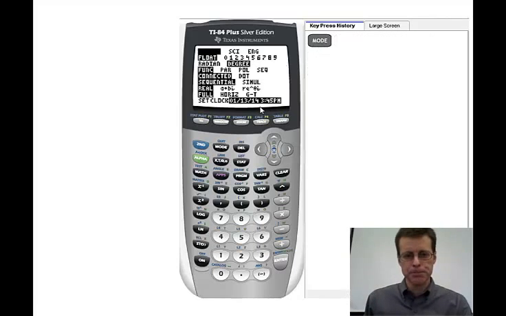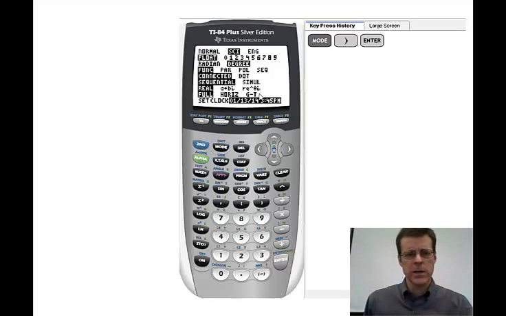What if I want the calculator to be in scientific notation all the time? And what if I want the calculator to figure out how I get the correct number of significant digits? If I go to mode, I get this screen, and the first line in the middle says sci, and that means scientific notation.